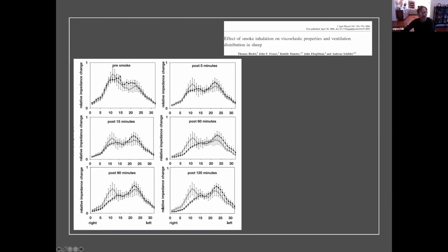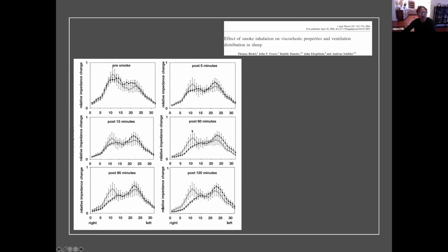The left side is on the right side, so it's the opposite orientation. So when we start pre-smoke, ventilation is more distributed into the left lung than the right lung, which is consistent with the dependent lung being better ventilated.